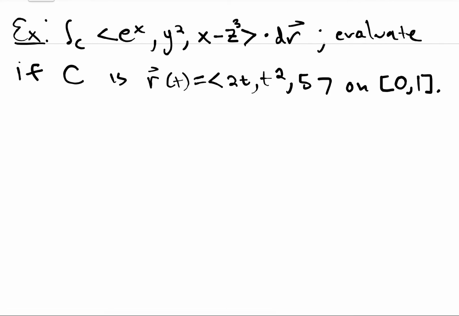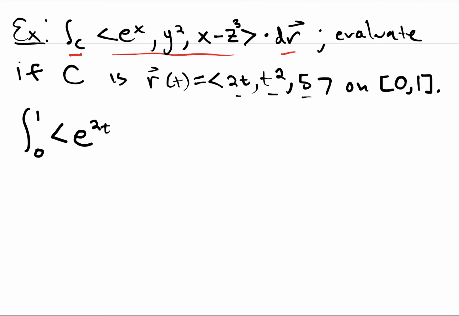I need to fix my bounds, my function, my differential. If I fix my bounds, I'm just going to steal them from my parameterization. 0 and 1 here. For fixing my function, you have to substitute in each of the x, y, and z components from your parameterization to your function. So e to the x is no longer e to the x, it is e to whatever x is in your parameterization.